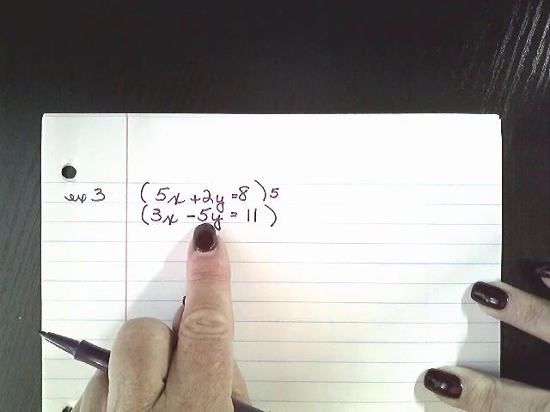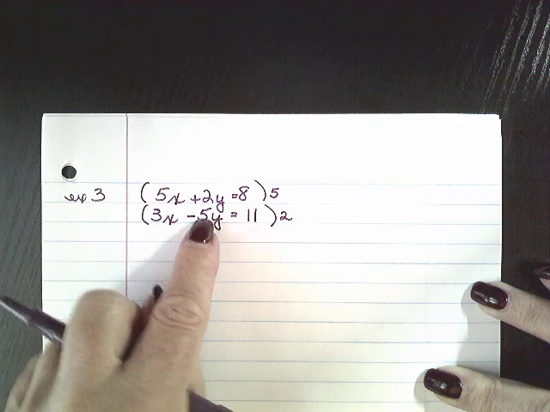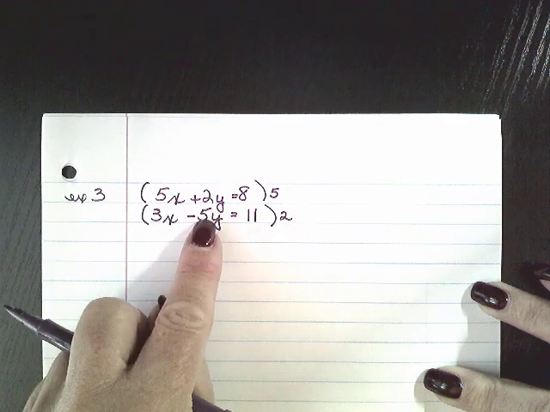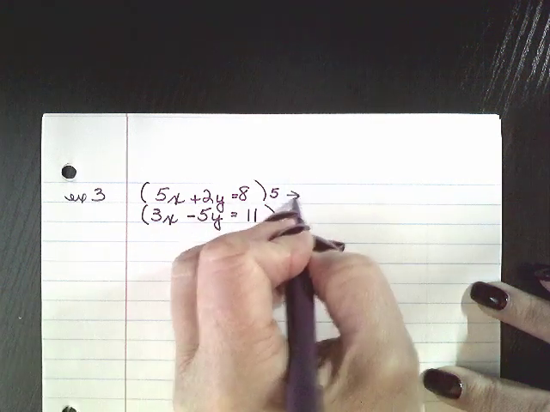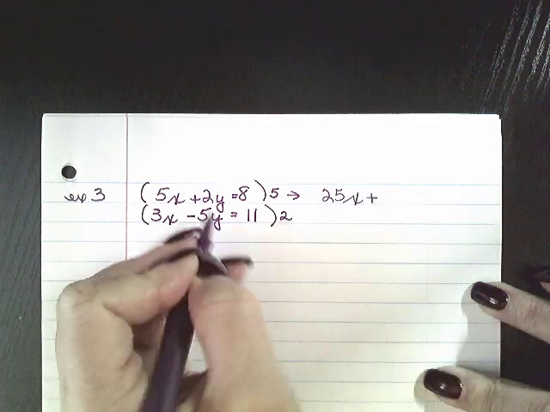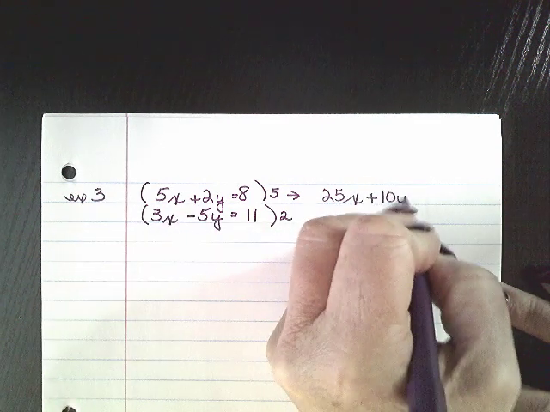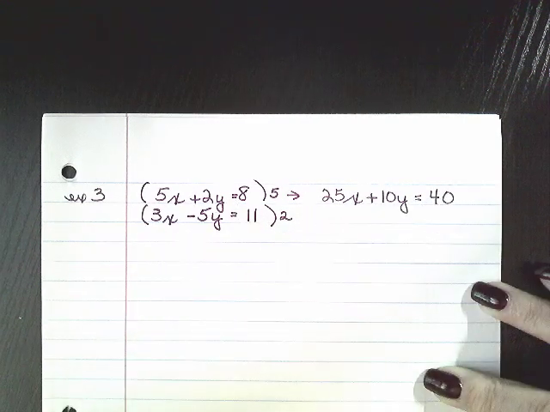If I have a 5 here, I'm going to multiply this one by 2. I want to eliminate y, so I want to multiply 2 times 5 and then 5 times 2. So both equations, 5 times 5 is 25x. 2 times 5 is 10y. And 5 times 8 is 40.